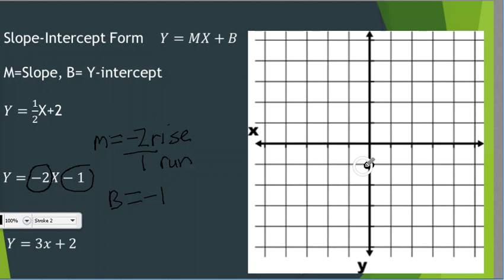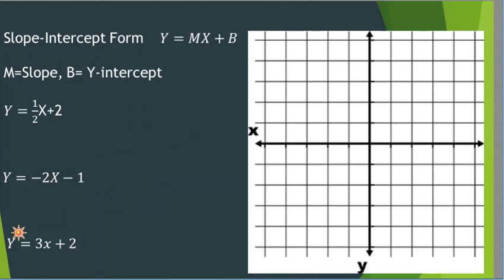I know the steepness of this line is down 2 to the right 1. We can see that this is a negative slope, so it's moving down and to the right. So that is the graph of the line y equals -2x minus 1.